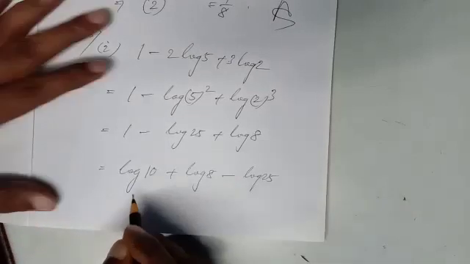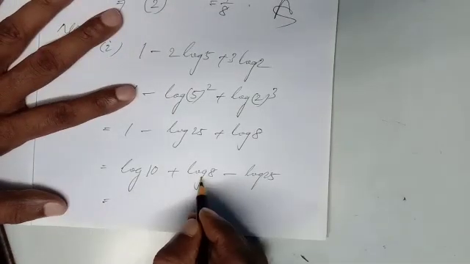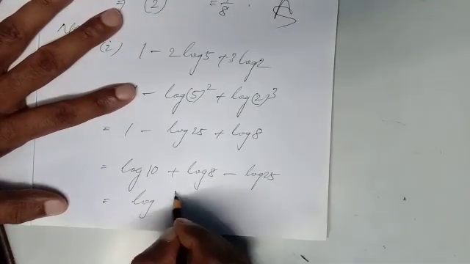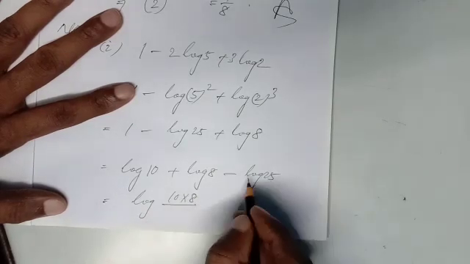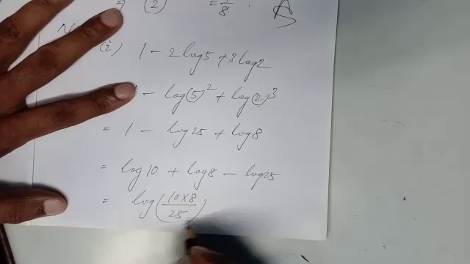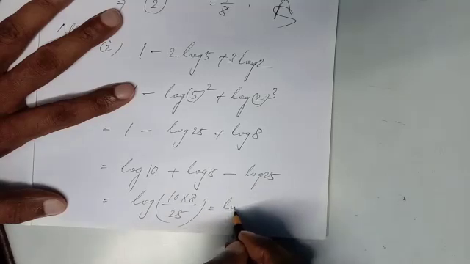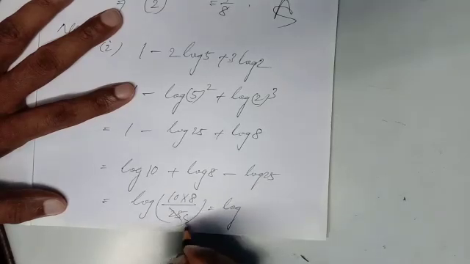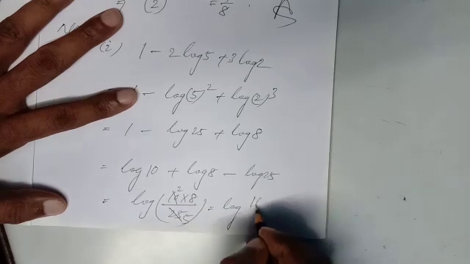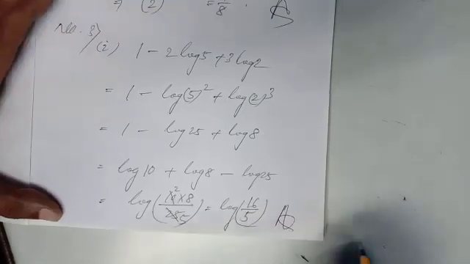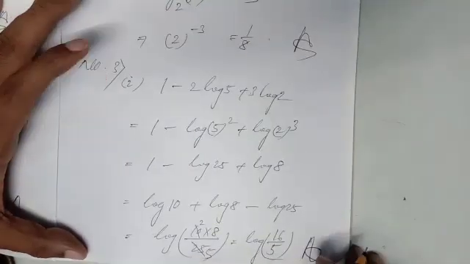Next, these two have a plus sign, so you multiply: 10 into 8. The minus means you have to divide. So finally it will be log of 80 by 25, that means log 16 by 5. This is converted to a single logarithm form. Okay. Number 3, first part completed.